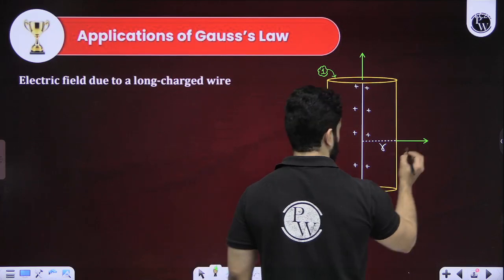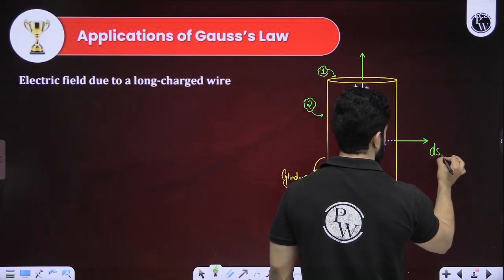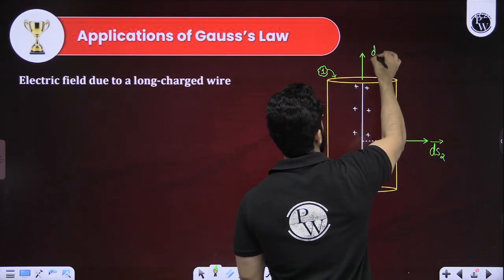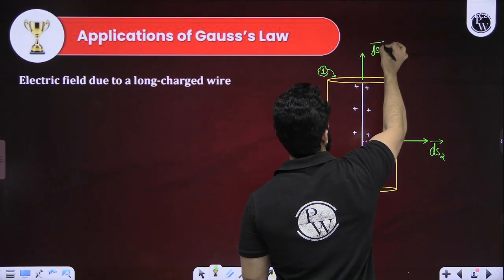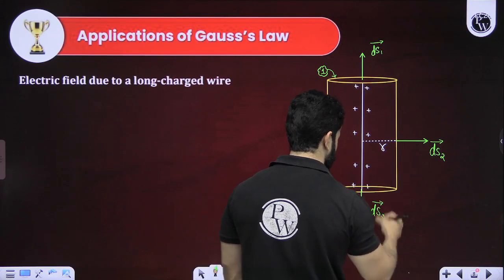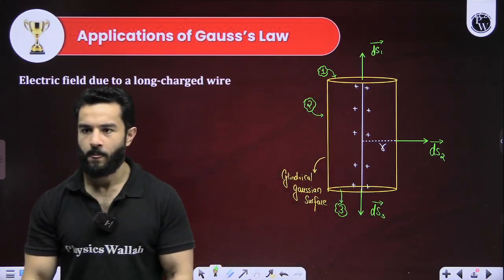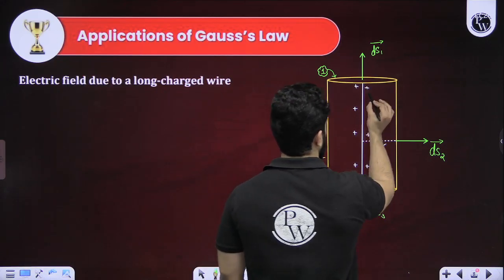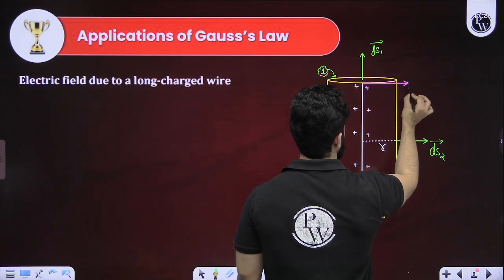So I am going to draw the area vectors as ds2, ds1 and ds3. Hopefully it is clear to you. Whereas electric field will always be something like this.